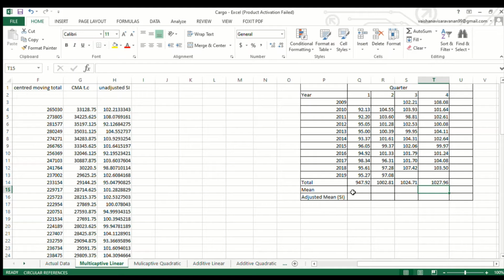From this, we are going to get the mean from the total, which is the total divided by 4. The total value of quarter 3 divided by 4, and the total value of quarter 4 divided by 4. Here we are going to put the sum of the means.